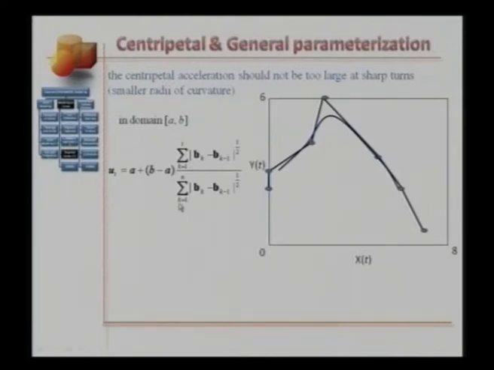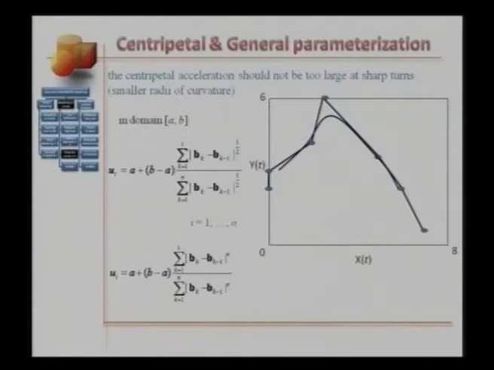In the denominator, we have k equals 1 to n in the summation of the absolute value of b_k minus b_(k-1) raised to half again. Here the index i is going from 1 to n.